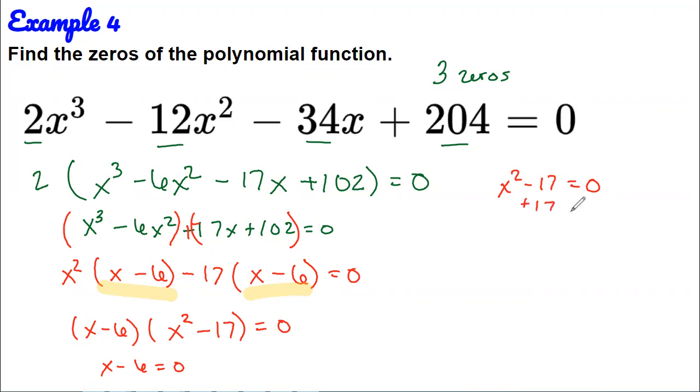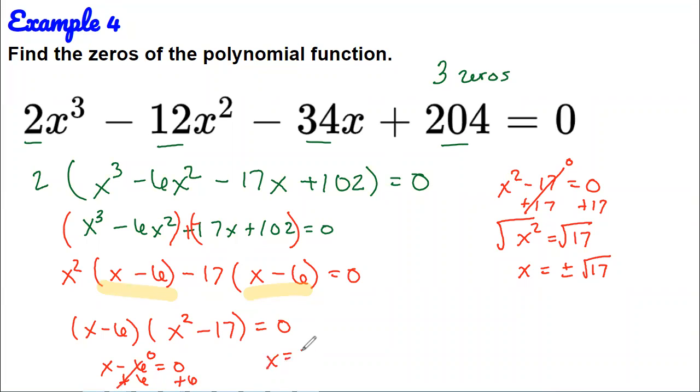By adding 17 on both sides, we're left with x squared equals positive 17. Square root, and we're left with x equals plus or minus square root of 17. And over here, we add 6 on both sides. This goes to 0. We're left with x equals positive 6. So my solutions are 6, positive square root of 17, and negative square root of 17.